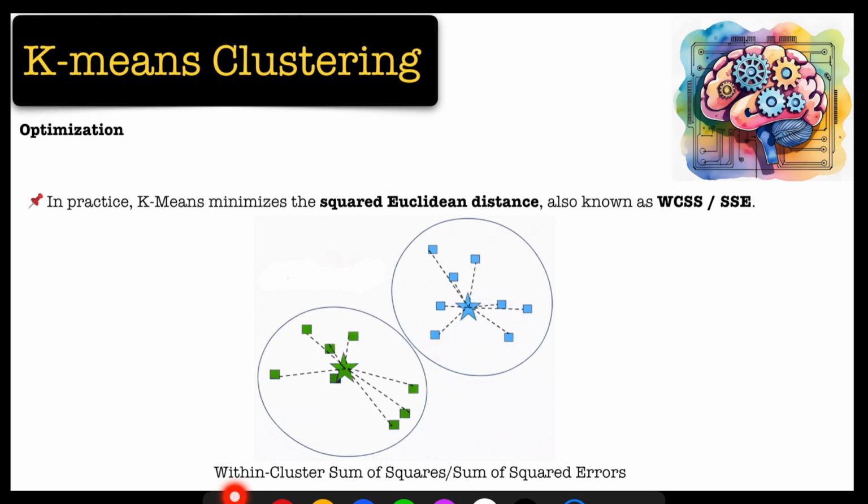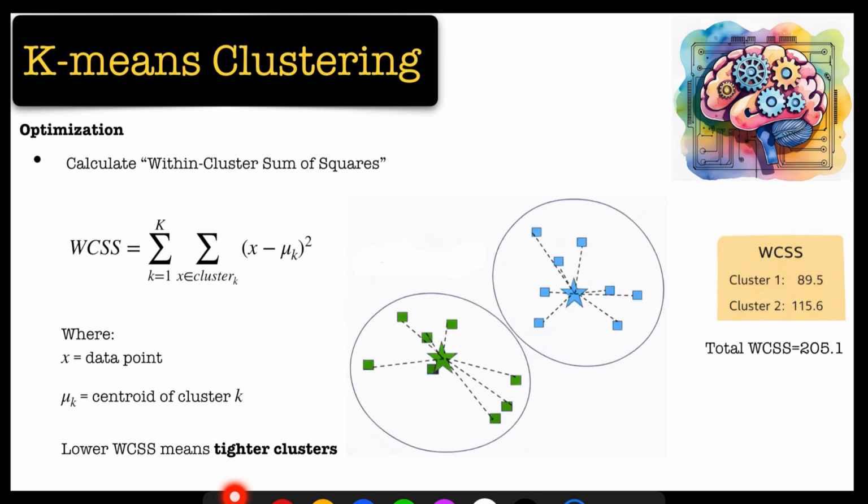If you see the distances for each of the points to its centroid and sum them up, we'll get the sum of squared errors, right? So we'll get the sum of squares from each cluster and then sum them up for all the clusters. That's how we'll get this WCSS or SSE.